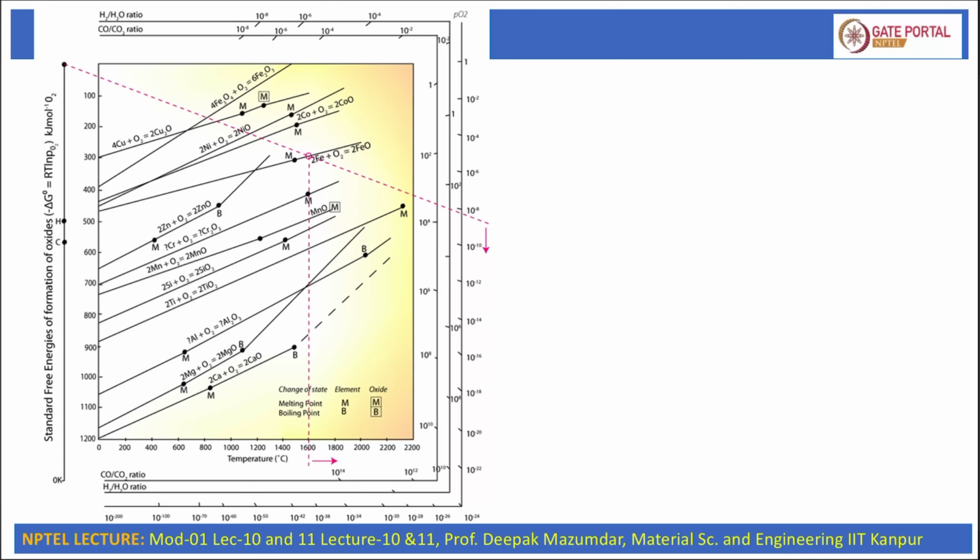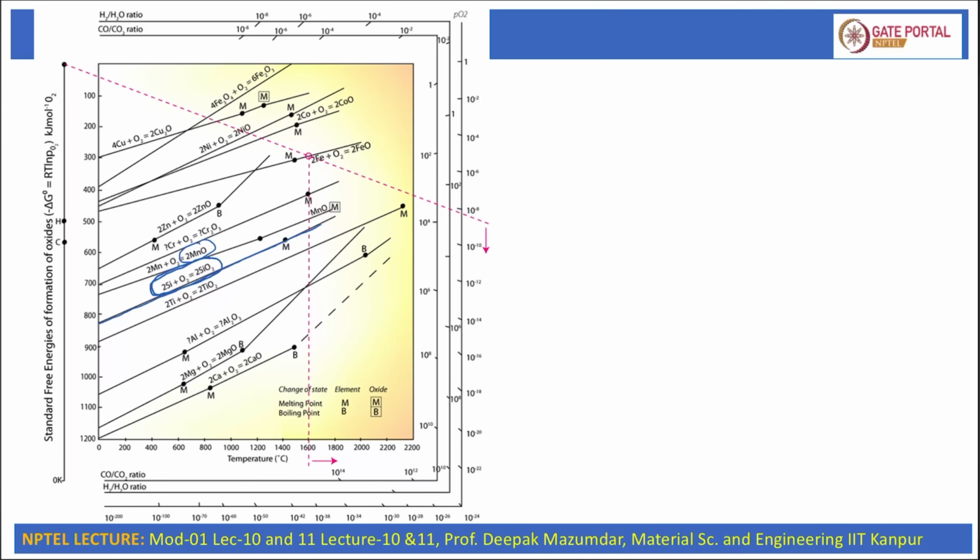Now if you see here, the delta G line for the formation of silicon oxide lies below the MnO formation or P2O5 formation line. So that means silicon oxide is a more stable oxide as compared to MnO and P2O5.